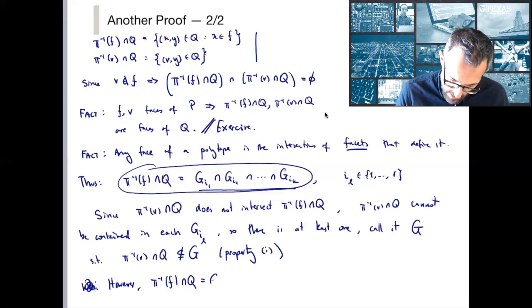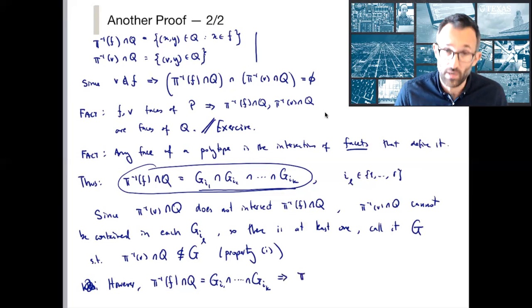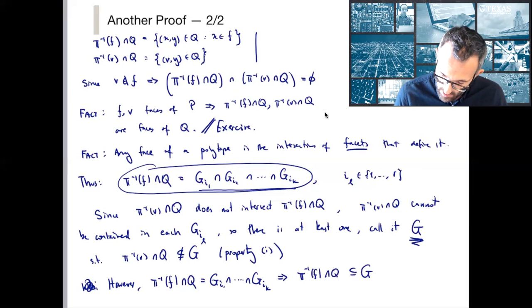So it's equal to g_{i1} up to g_{ik}. Hence, it's contained in every one of them, and in particular, it's contained in the one that we just called G. π inverse of f in Q is contained in G. And this was property 2.